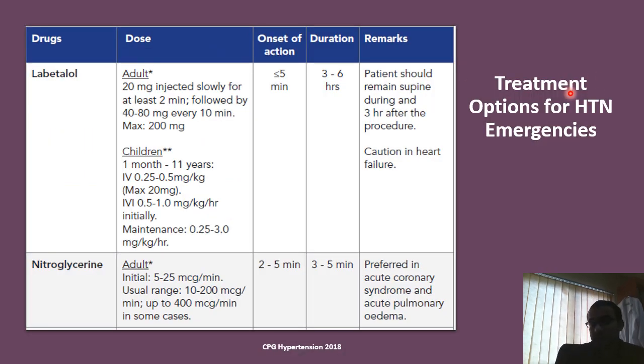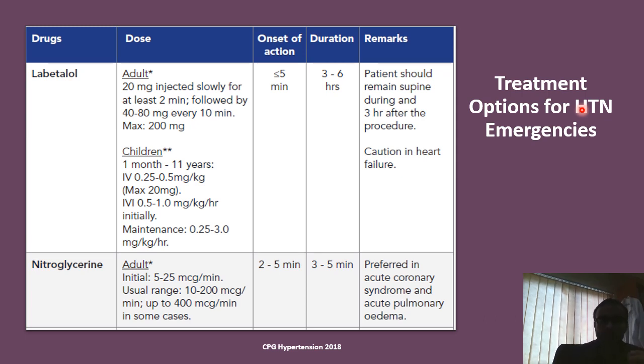On the other hand, for hypertensive emergencies, where we have a high possibility of, or already have, acute organ damage and complication, we have to achieve a faster reduction in the blood pressure, so mainly IV medication is used.